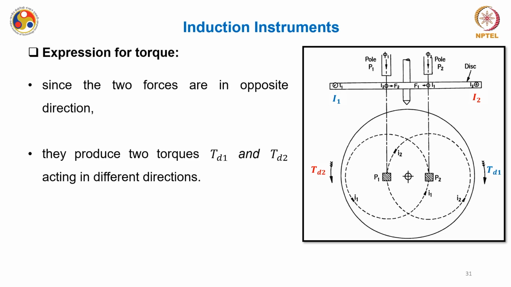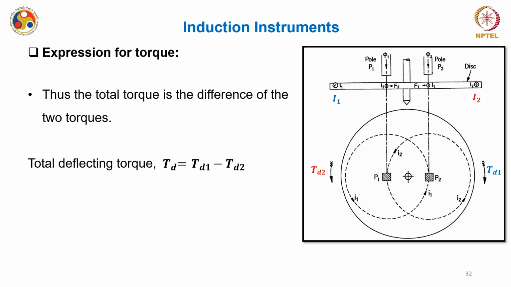Because the two forces are acting in opposite directions, they are producing two different torques TD1 and TD2 which are acting in different directions. This we have considered in the worst case. In all the cases essentially you will get the same expression.